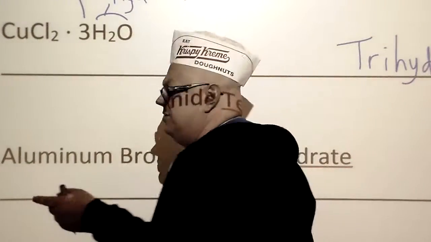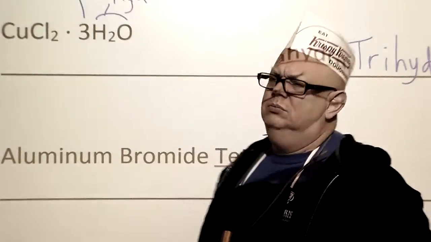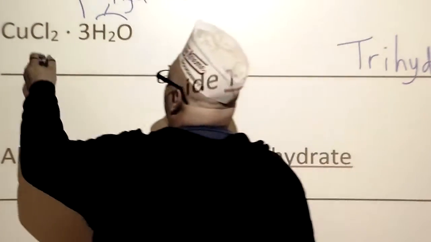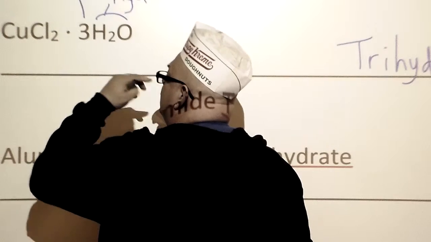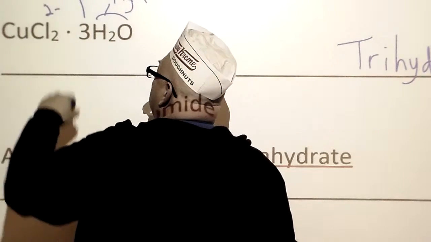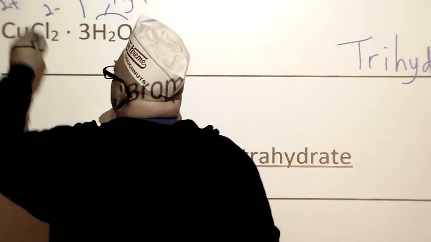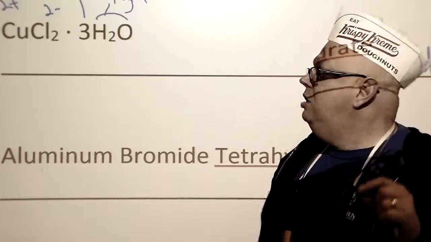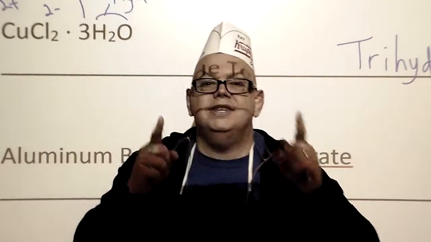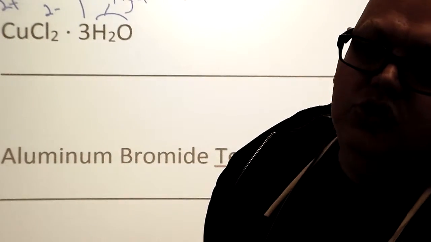How will I know? As Whitney Houston would say, how will I know? Yeah. So I know that the chloride here there's 2 of them. Each one is a -1 charge. So I know I got a total charge of -2, which means the total charge of copper has to be a +2. Now, there's only 1 copper there. So that's got to tell us the copper must be a +2 charge.